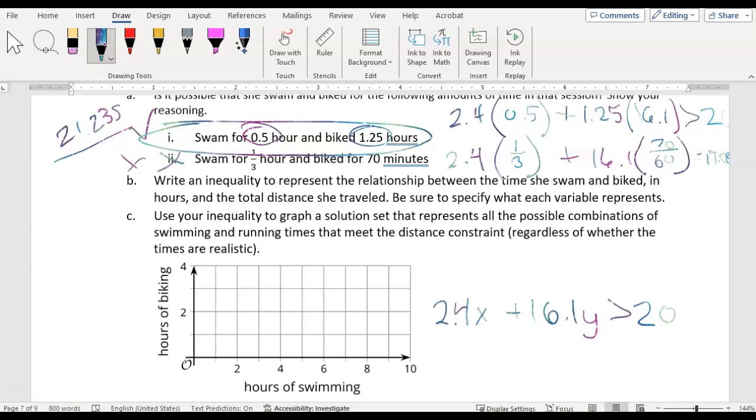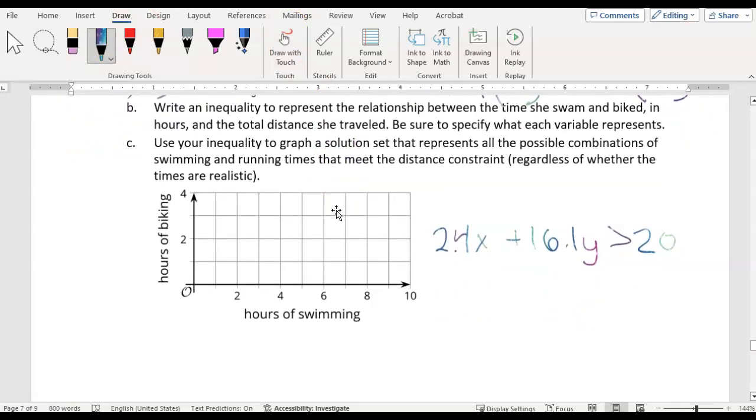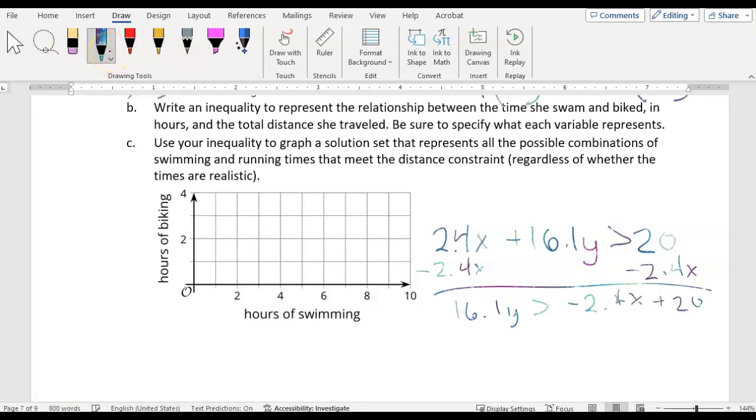So we can also then graph this by plotting what it would be when x and y are 0 and finding our x and y intercepts, or we can put this into slope-intercept form. Either way is fine. For the purposes of this, let's go ahead and put this into slope-intercept form so that we have that practice. Again, that means that we are solving for y, so 16.1y is greater than negative 2.4x plus 20, and then dividing by 16.1 on the whole thing.